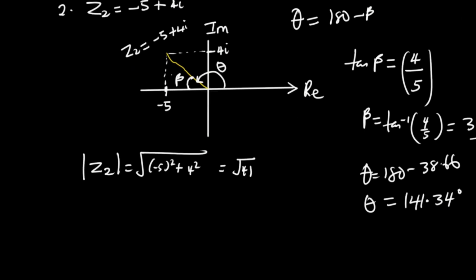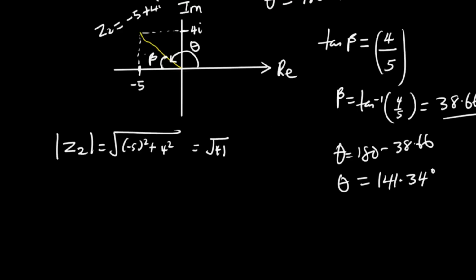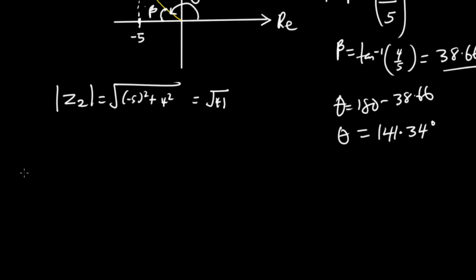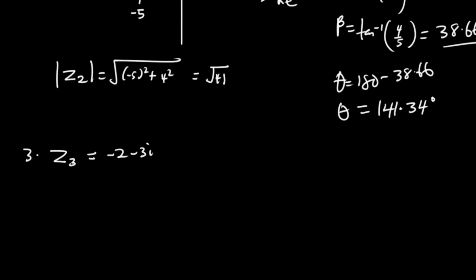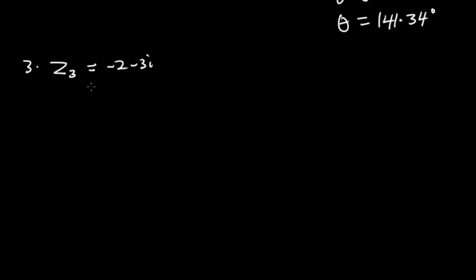So let's look at the third example as we round off. We have our complex number z3 equal to minus 2 minus 3i. This is going to fall on the third quadrant. If you plot the Argand diagram, both the real part and the imaginary part are negative.